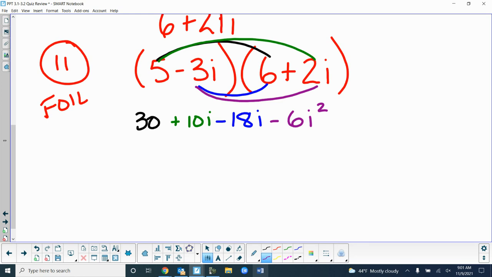So we have that i squared again. I'm going to turn it into plus 6 because it's negative 6 times negative 1. Now combine like terms to finish. 30 plus 6 is 36, and 10i minus 18i is negative 8i.